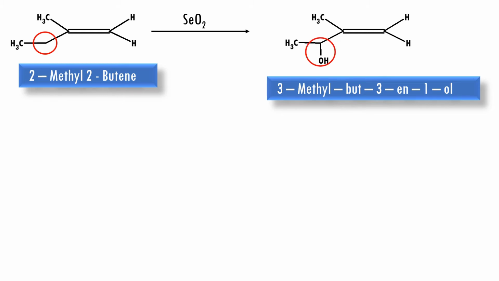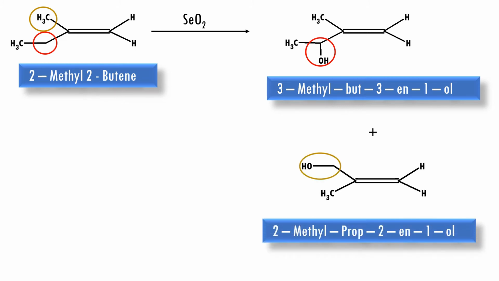Along with this, one CH3 group is also present in the reactant, so that CH3 group is converted into a CH2OH group and produces 2-methylbut-2-en-1-ol. Out of these, the first product is the major product, while the second product is minor.